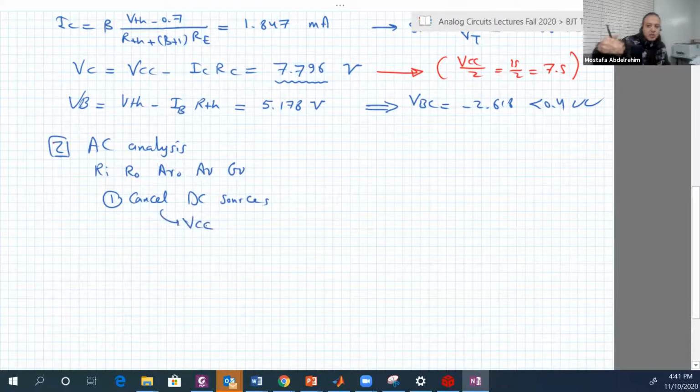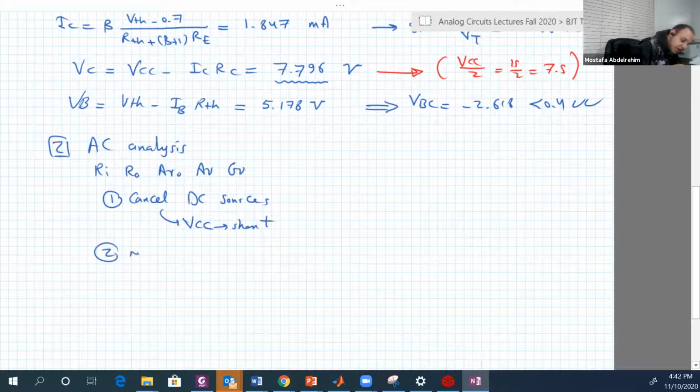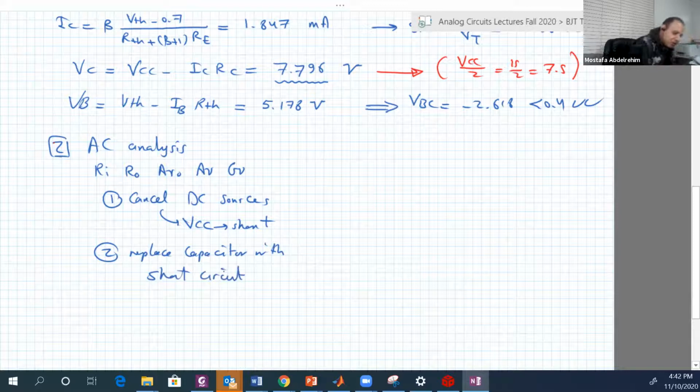For some other problems that we will see in the future, you might have a current source, open circuit. But for this one, it will be a short circuit because it's a voltage source. Number 2, replace capacitors with short circuits. So let's do that very quick.